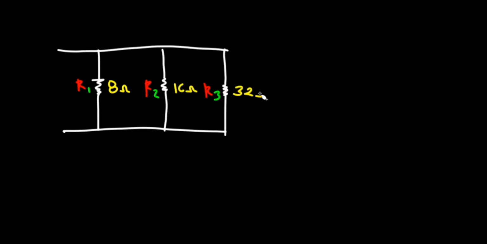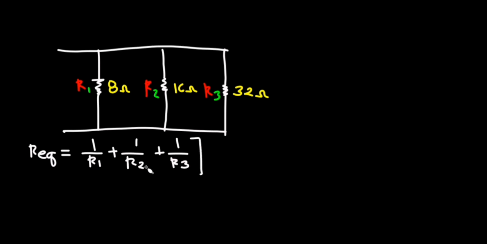Next example, guys, is three parallel resistors with three different values. Okay, to solve for this we are going to use this formula: (1 over R1 plus 1 over R2 plus 1 over R3) raised to negative 1.